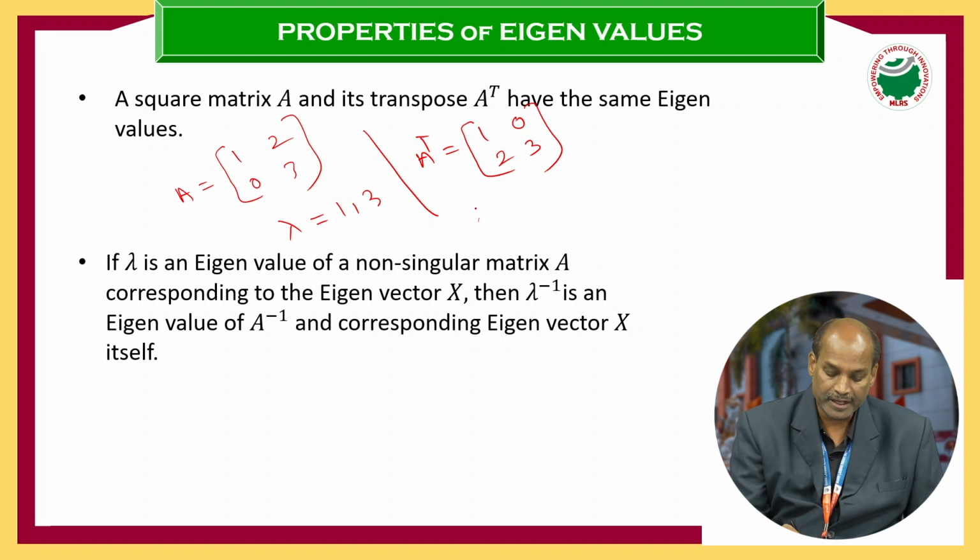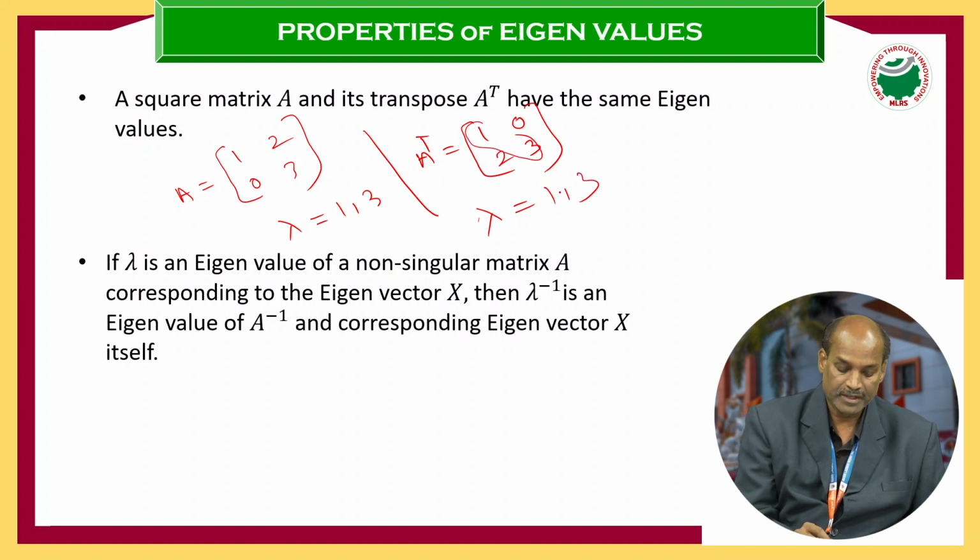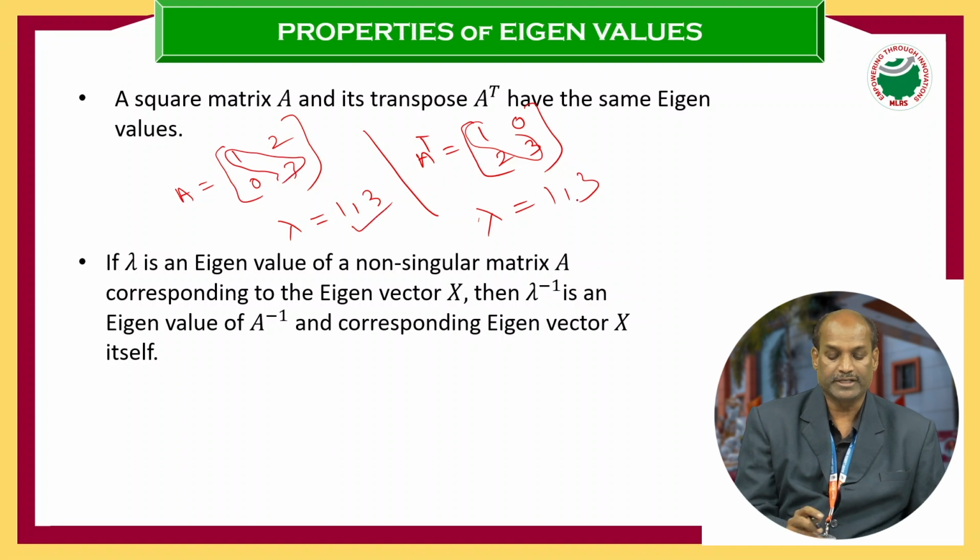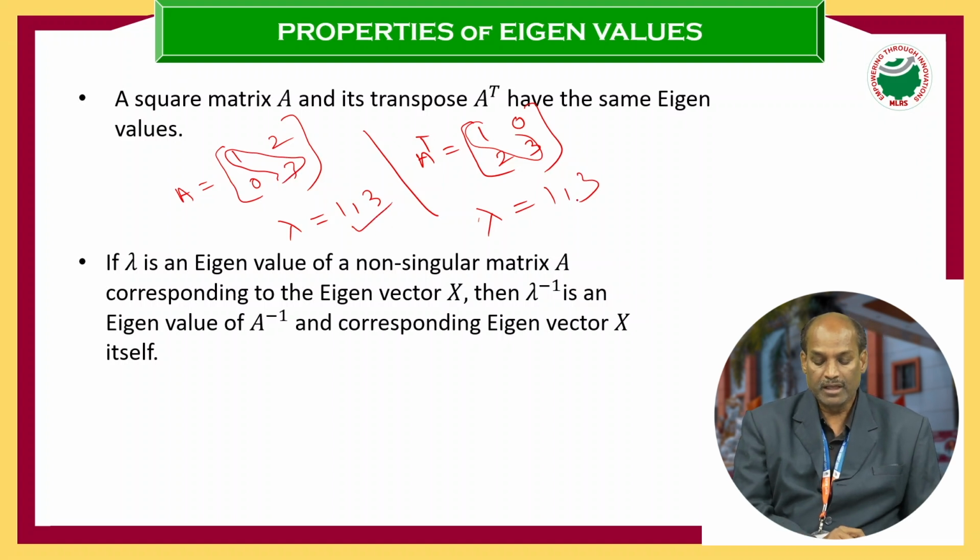Now what are the eigenvalues of this A transpose? It is a lower triangular matrix, therefore the eigenvalues are 1, 3. Here also, what are the eigenvalues? 1, 3. Same, you see. From these two examples, we can conclude that A and A transpose both have the same eigenvalues.